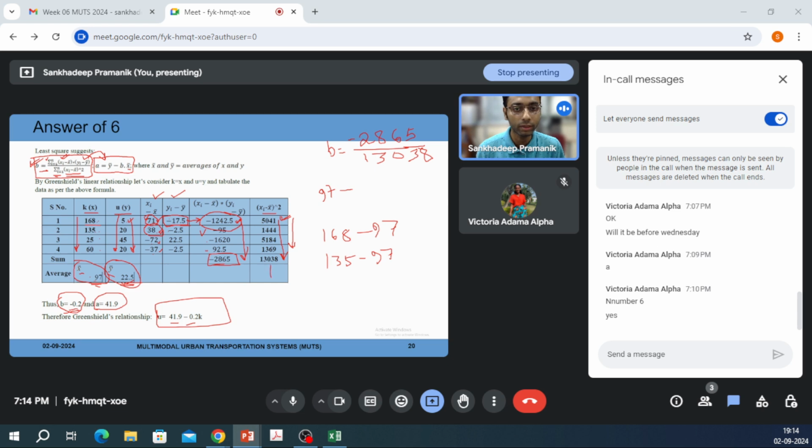This one is the denominator and this one is the numerator. So if you divide these two, it will come as minus 0.2.